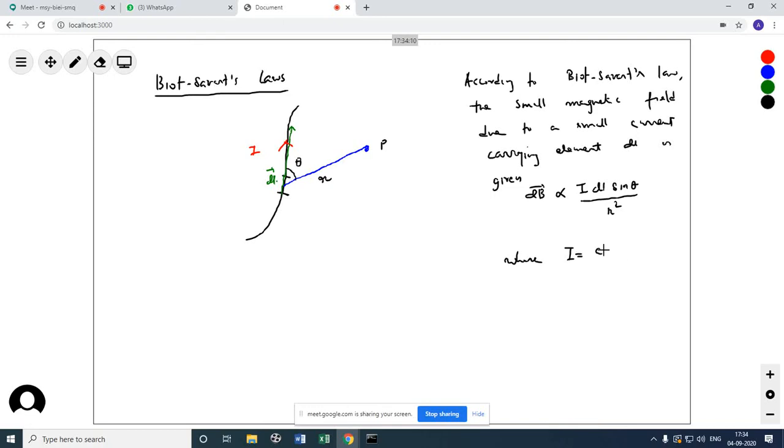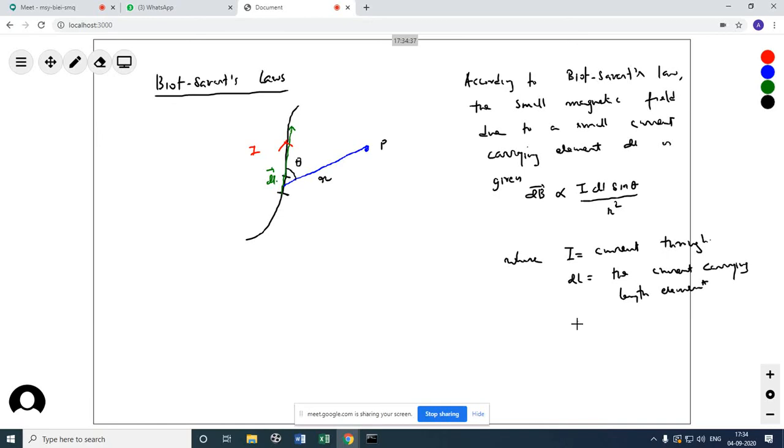What is I? Current through the wire. What is dl? The current carrying length element dl. Then we have theta.